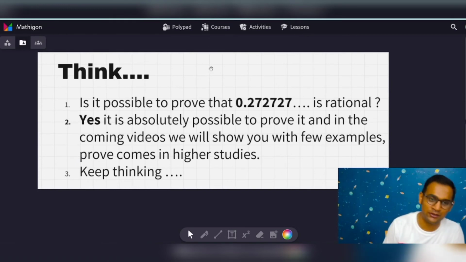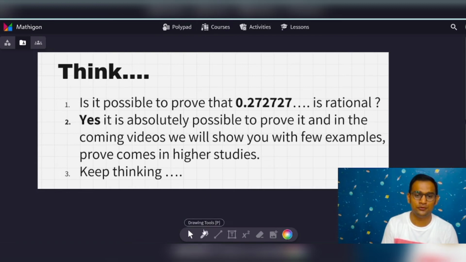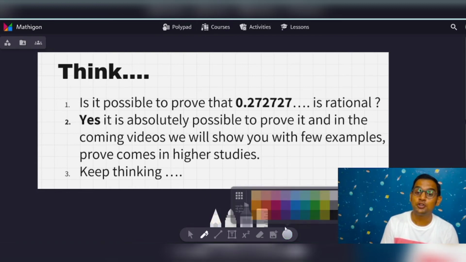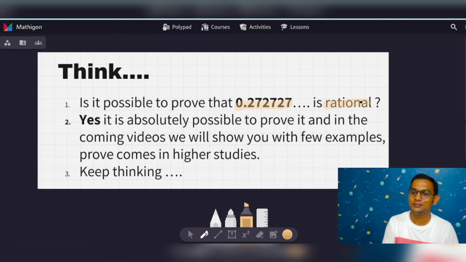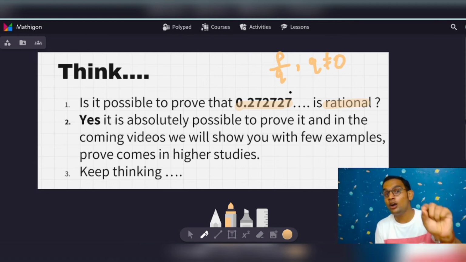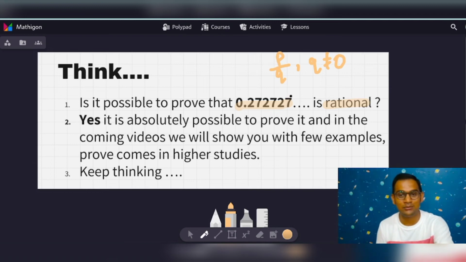Now think about this, my friends: is it possible to prove that 0.2727 (that is, 272727...) is a rational number? Why am I asking this question? Because we have studied that a rational number must be represented in the form p by q, where p and q are integers and q is not equal to 0. So can we convert a non-terminating but recurring decimal expansion into p by q?